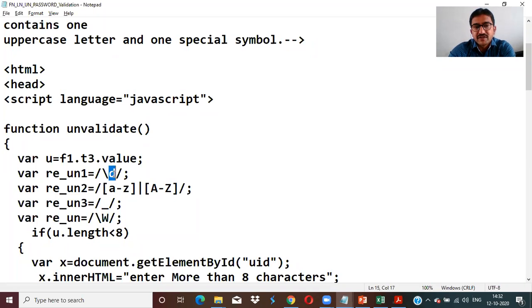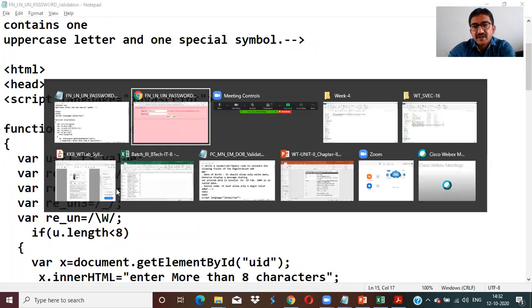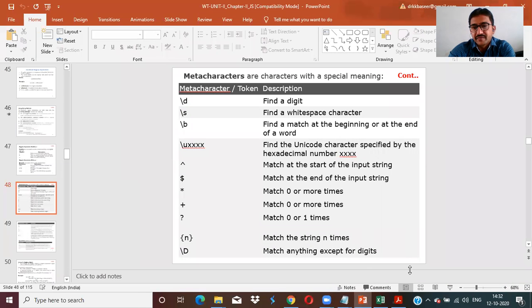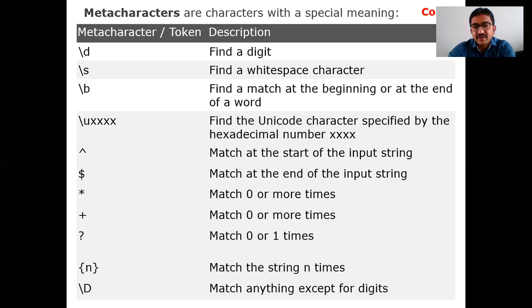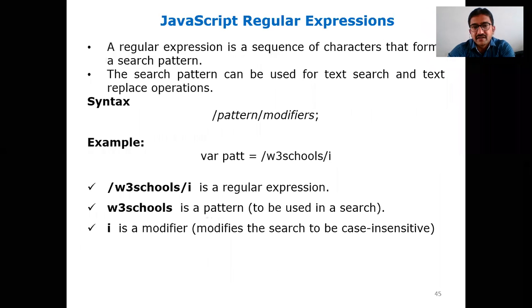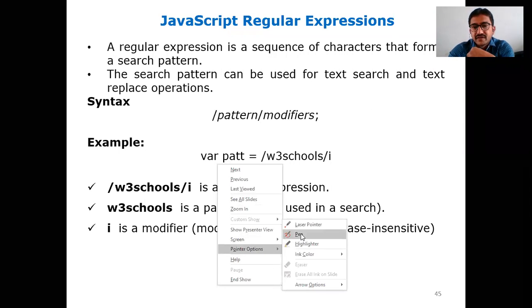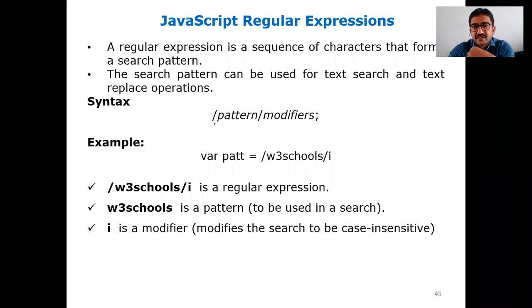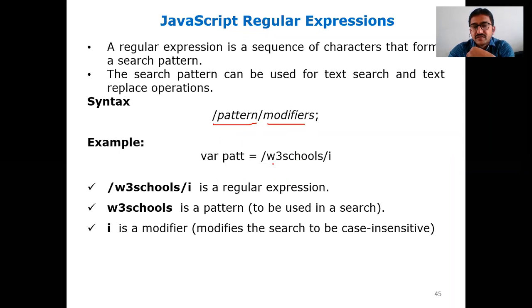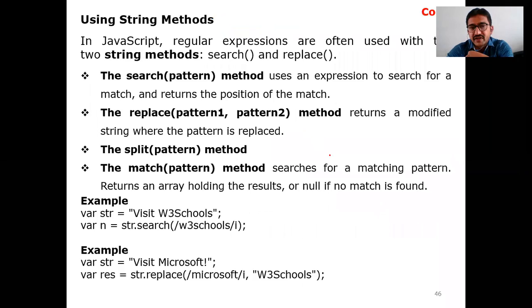If you do not understand the purpose of D, I will give you a glance. Here, in this example, if you see the regular expression pattern, this is the syntax we are going to give for regular expressions: pattern followed by modifier. So these are the pattern, W3Schools here, and i is the modifier.